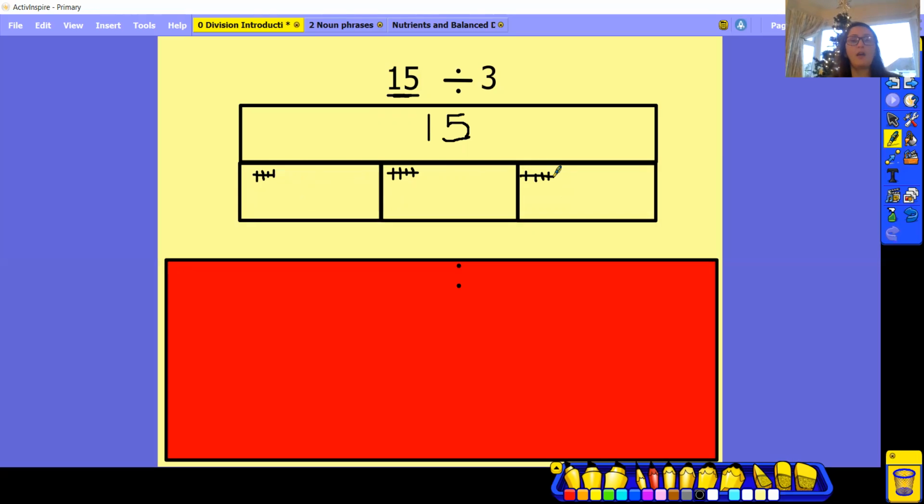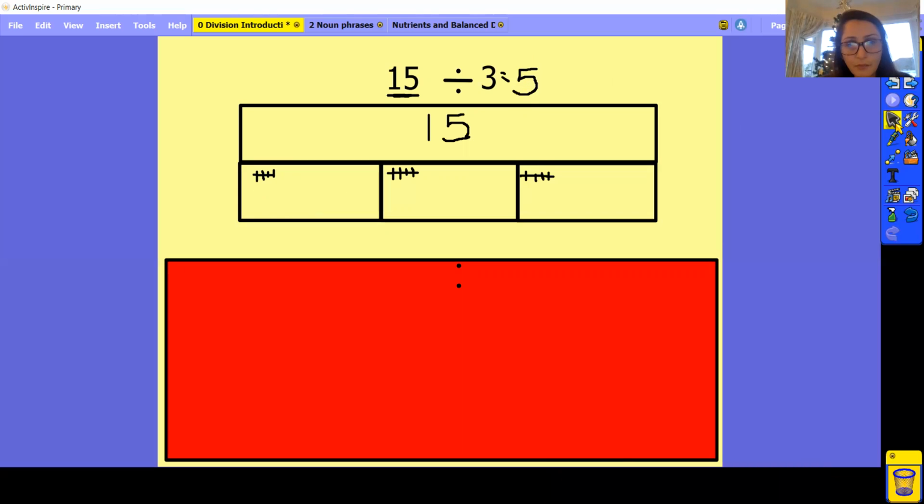So let's see how many we have in our tally. So we've got 1, 2, 3, 4, 5. So 15 divided by 3 equals 5. Well done if you managed to get that at home.